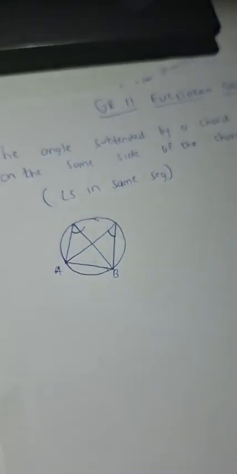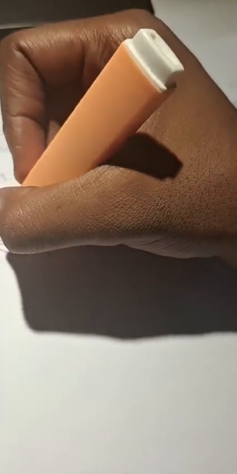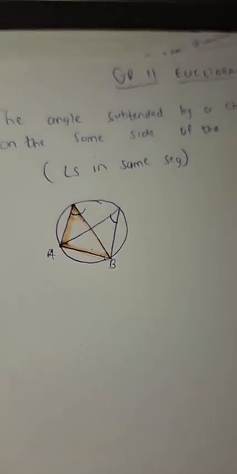Let me just use some color here so that maybe you can appreciate what I mean by that. This chord is subtending, see, opposite this chord, this angle, okay? But the very same chord is also subtending this angle.